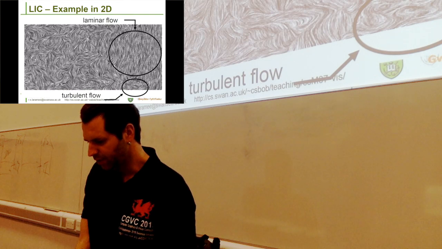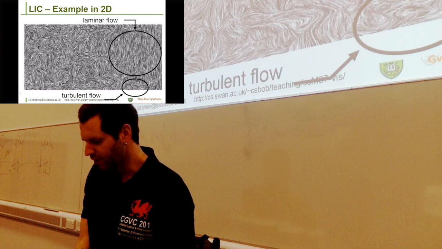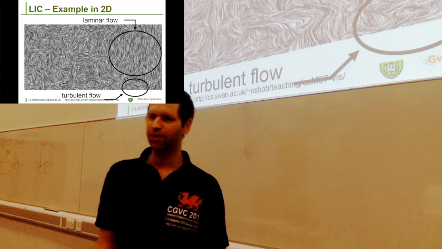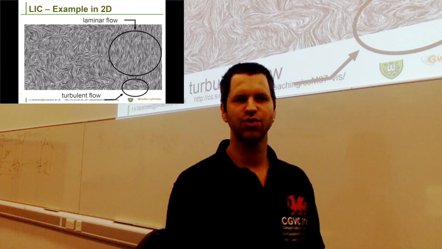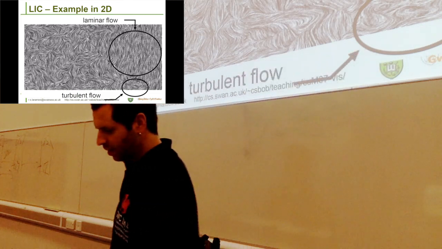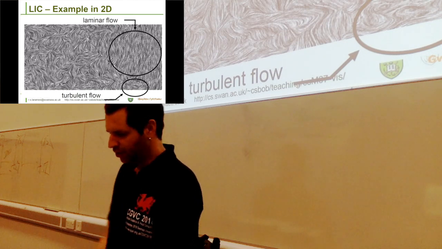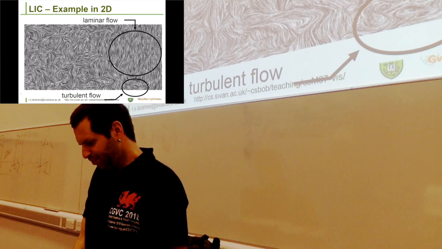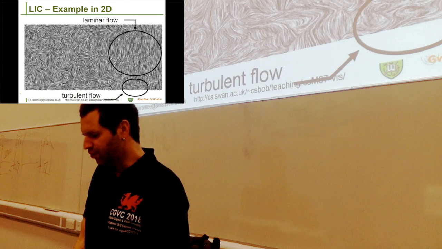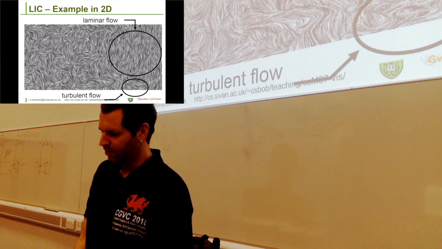But it's clear you can also see the properties of the flow, like turbulent flow, for example, with lots of vortices. Laminar flow refers to flow that is moving in a more or less straight line. Another property you can notice is you cannot exactly follow a streamline, for example, here.